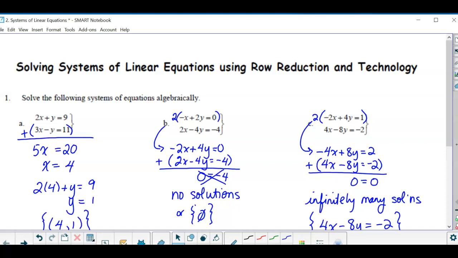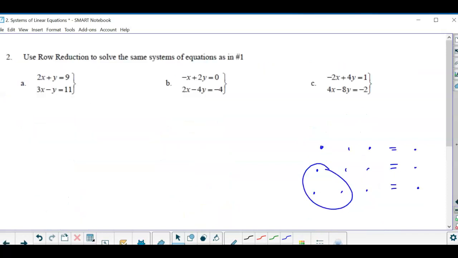We can add them or subtract them. That helps you solve your system. So as long as you treat every part of each equation equally and add and subtract every part, you're not changing the system. So here for row reduction, I'm just going to keep the first one the same, okay?